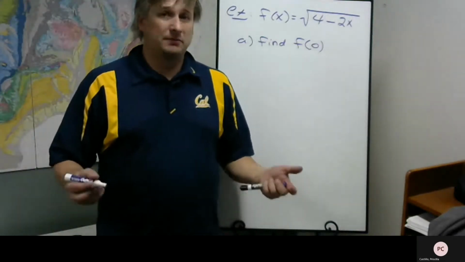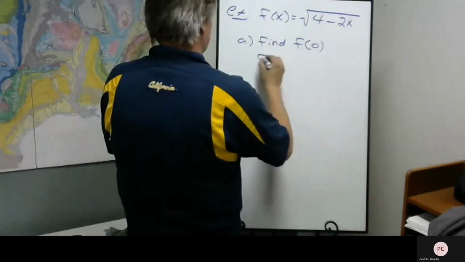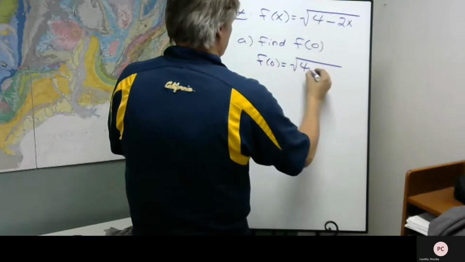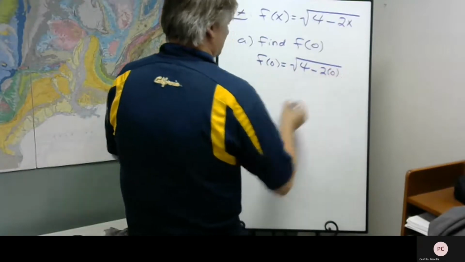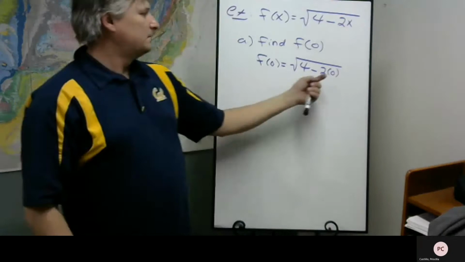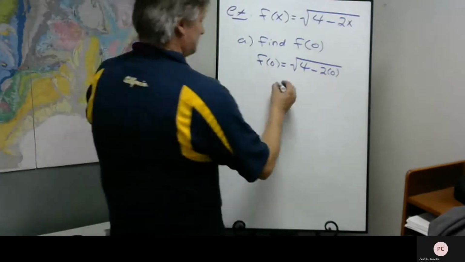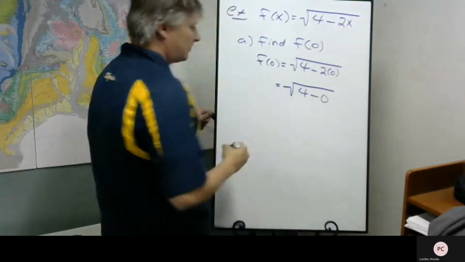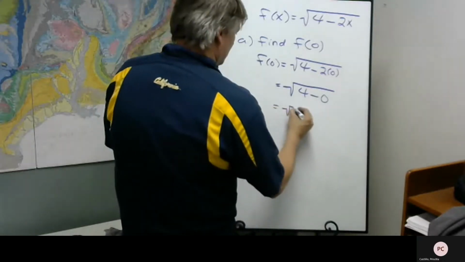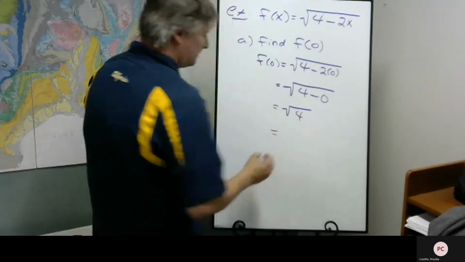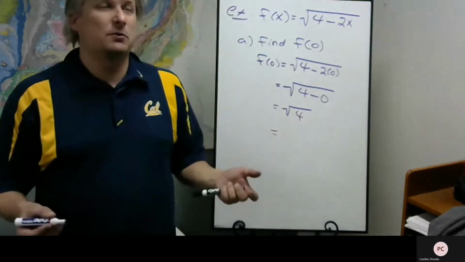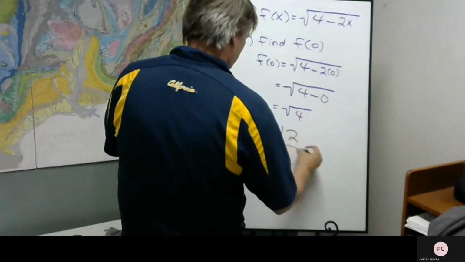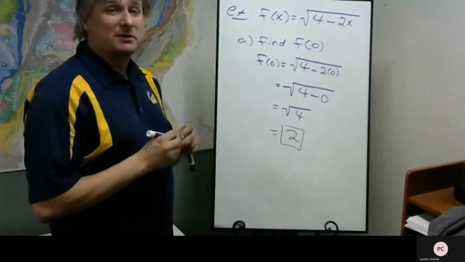We're going to replace all the x's with 0. So that gives us 4 minus 0, or the square root of 4. What number times itself gives you 4? Well, that would be 2. And that's going to be your answer.